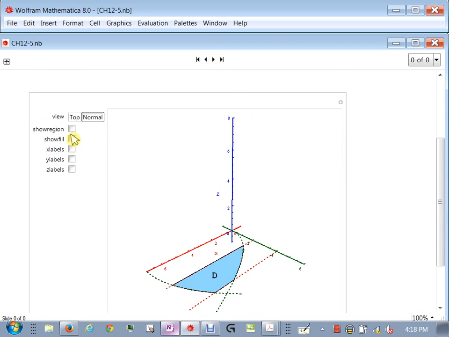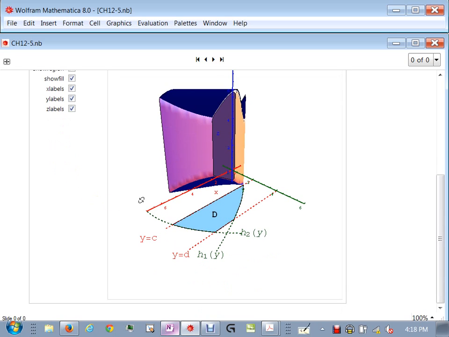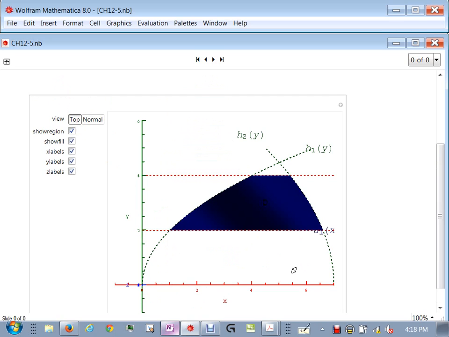So what if you have some solid, you look at the ground, your y's are between two constants, your x values are between two functions. So looking at it from the top, it looks like that, right? That's what it looks like. Our y values are between two constants. Our x values are between two functions, h1(y) and h2(y).